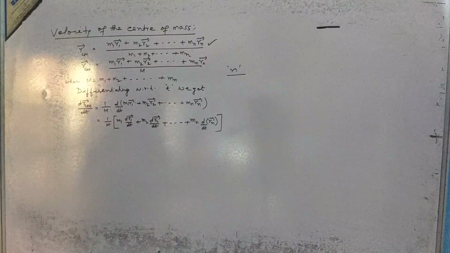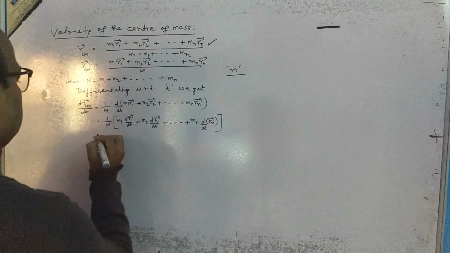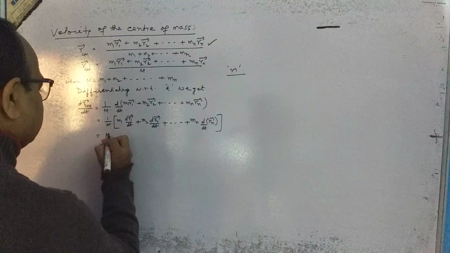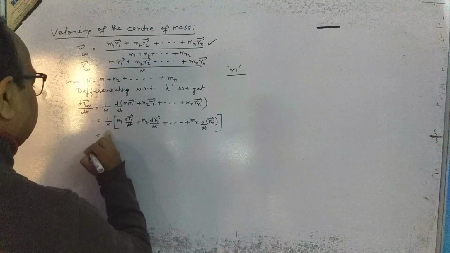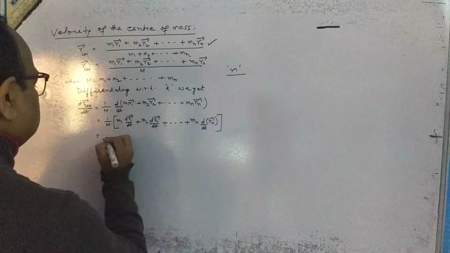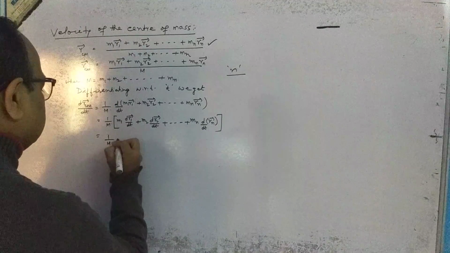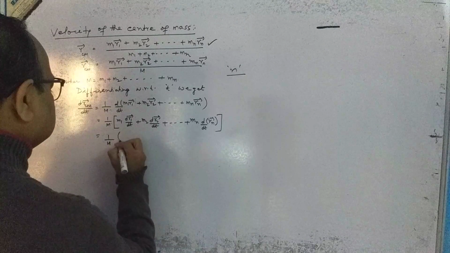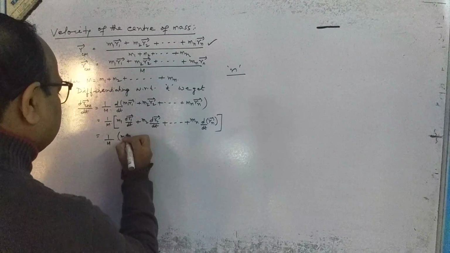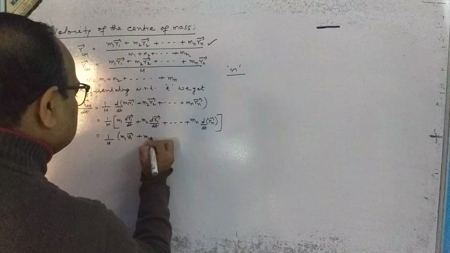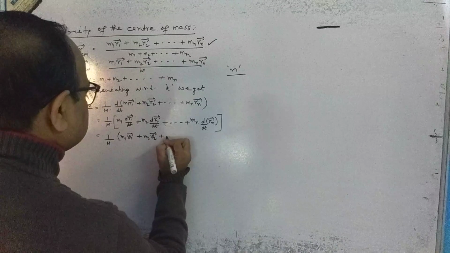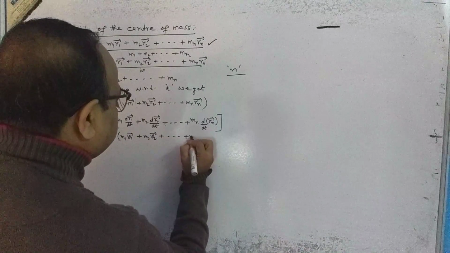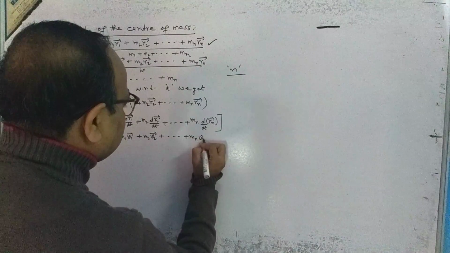Just obey the rules of differentiation. Or we can write 1 by M into m1 v1 vector plus m2 v2 vector plus and so on up to mn vn vector.